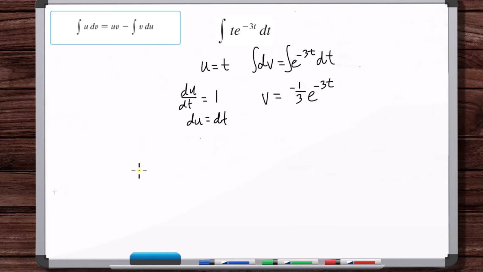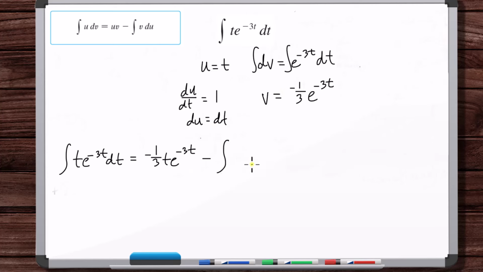So there we go. So the integral of t e to the minus 3t dt is equal to uv, minus 1/3 t e to the minus 3t, minus the integral of v du.